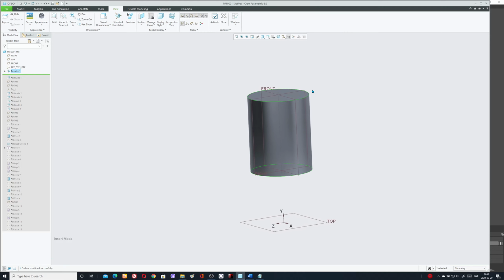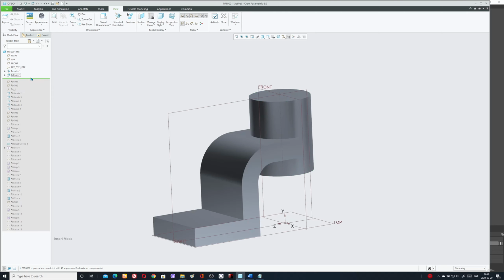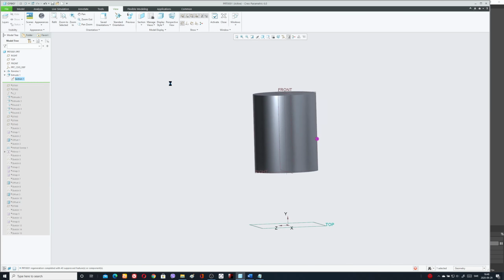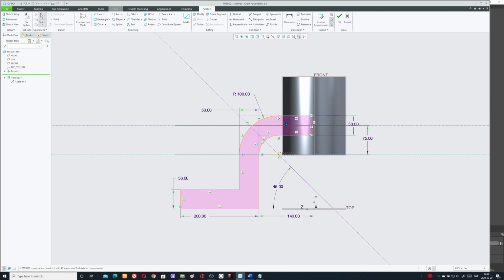We can call this a cylinder. So now let me take the second section. After that, I constructed this figure here. The dimension looks like this.